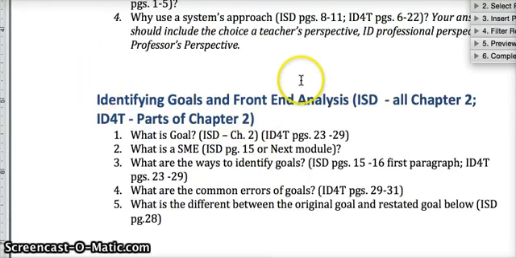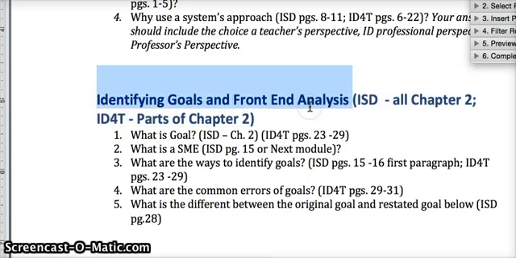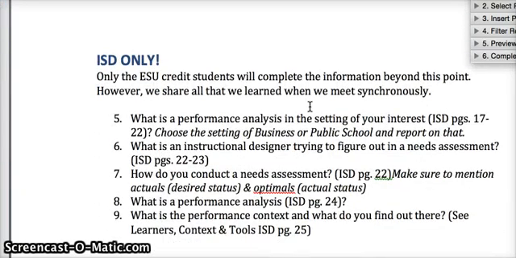The second part would be in Chapter 2 or parts of Chapter 2, depending on your book, where you identify the goals and the front-end analysis. And again, answer these questions and really think about them. Don't just answer them, because you're going to be applying this information very soon. And so you want to get an understanding at the application of this information, not just the knowledge of being able to regurgitate the information.